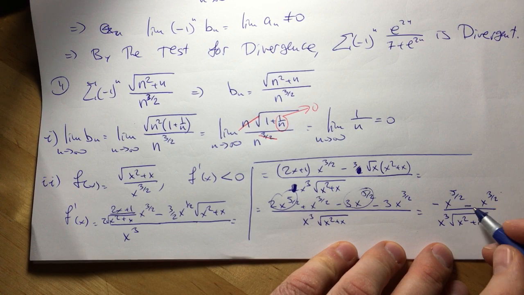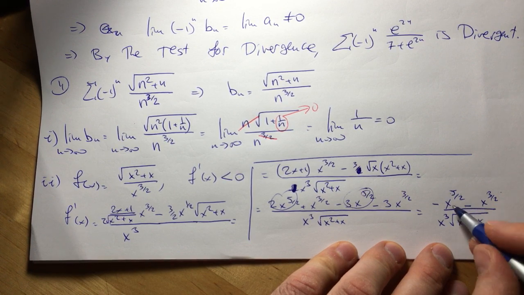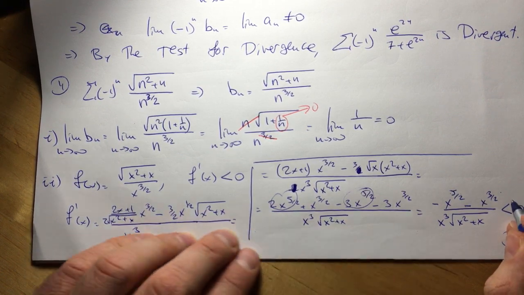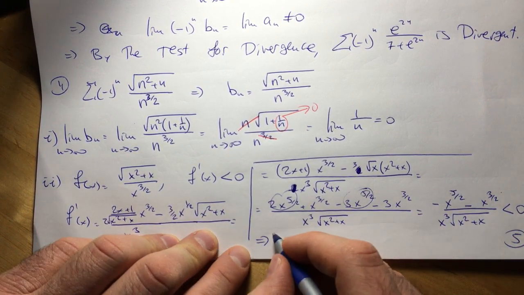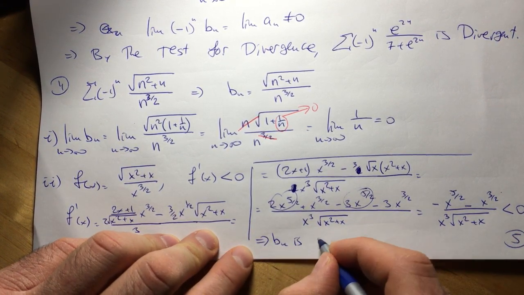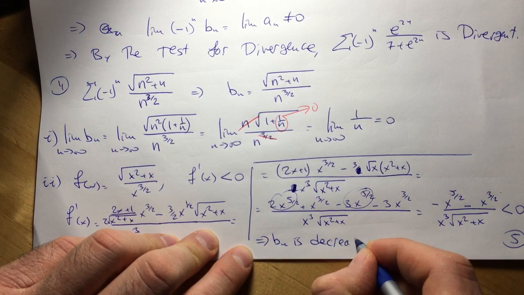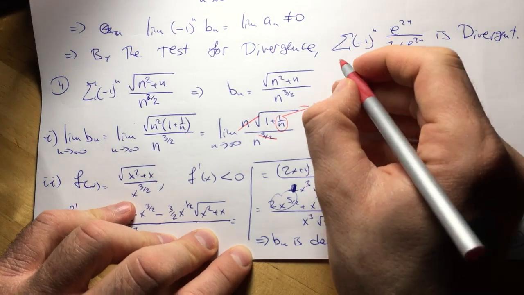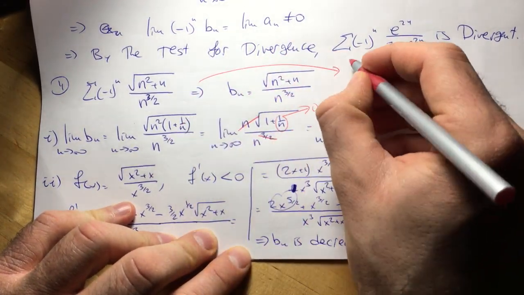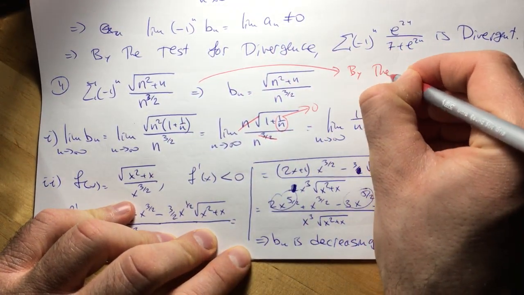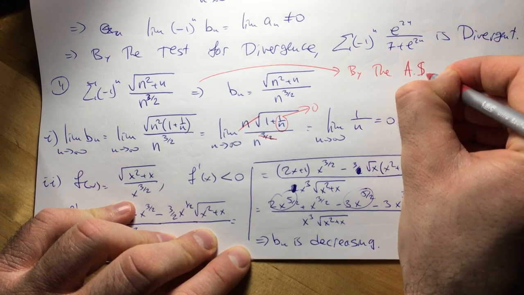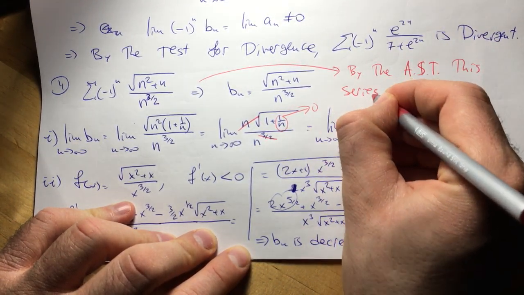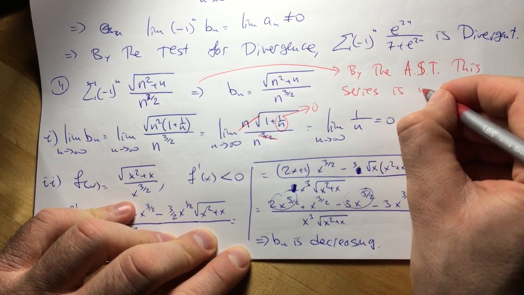So for positive x, because the numerator is negative obviously and the denominator is positive, this is less than 0, which means that b_n is decreasing. And by the alternating series test, we can conclude that this series is convergent.